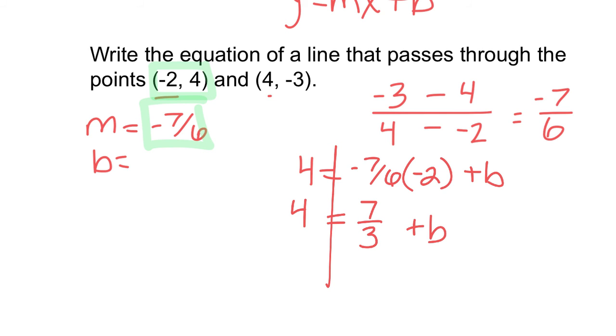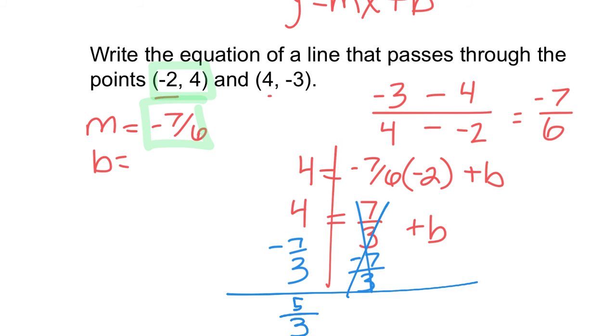And then I'm going to subtract 7 over 3. So I multiplied this, subtracted from both sides. 4 minus 7 over 3 will be 5 over 3. So my b is 5 over 3.